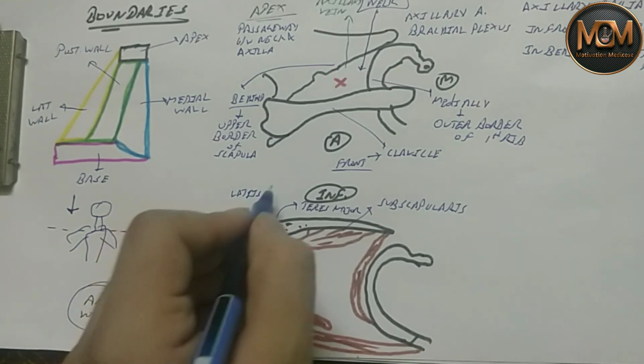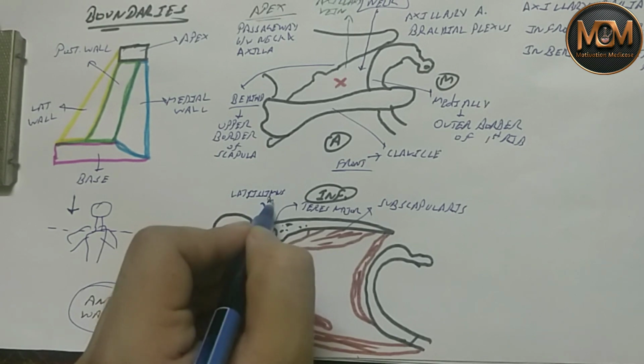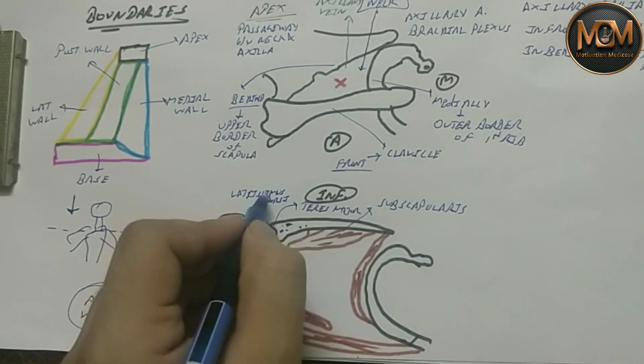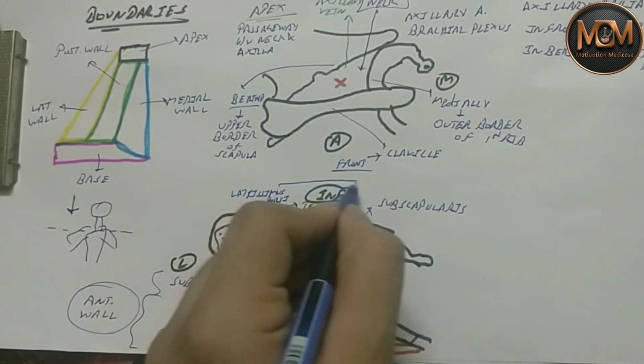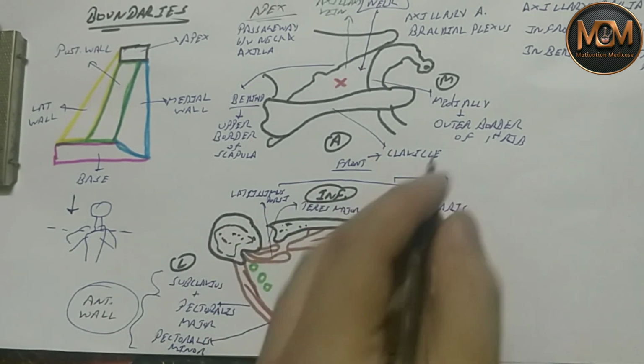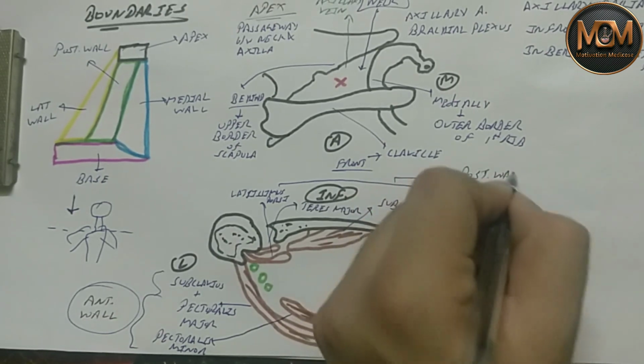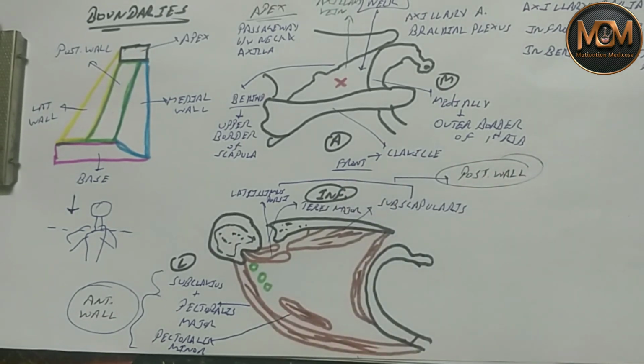So these three muscles are going to form the posterior wall. So this is going to form your posterior wall.